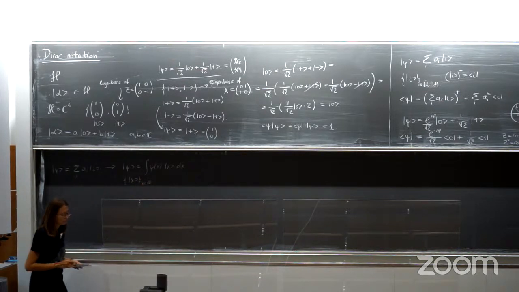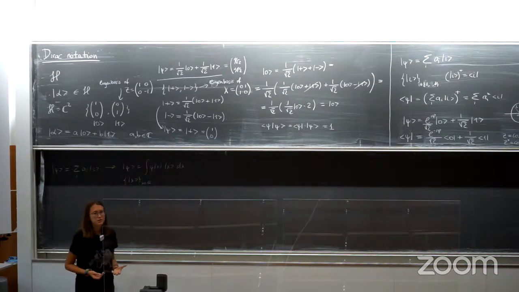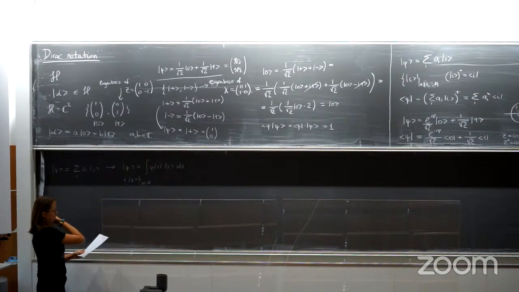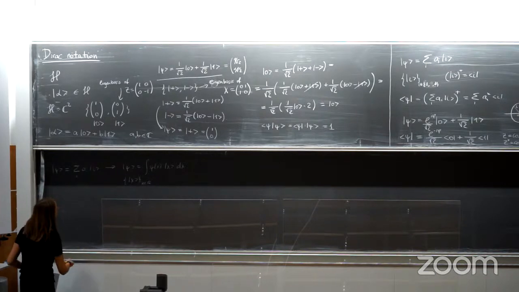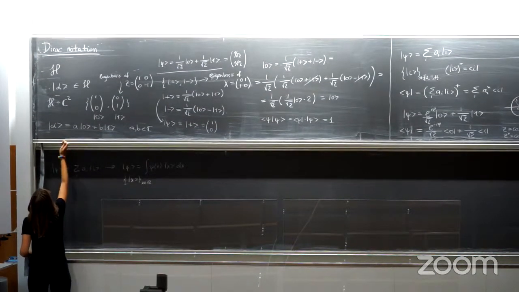So this is just one basis that we can choose. For example, another basis that we can choose is the so-called momentum basis, but we will see this a bit later. So to give you an example and also introduce one more concept that we will need.